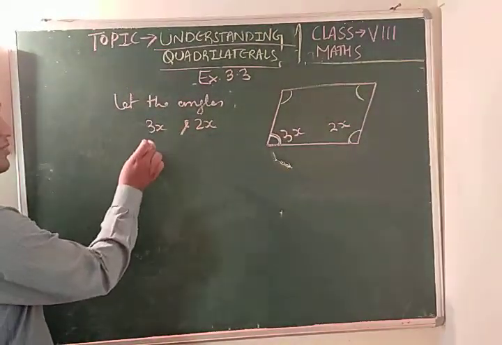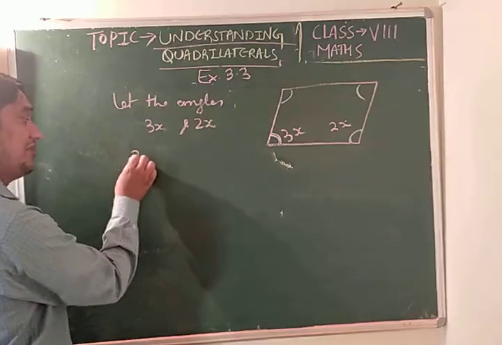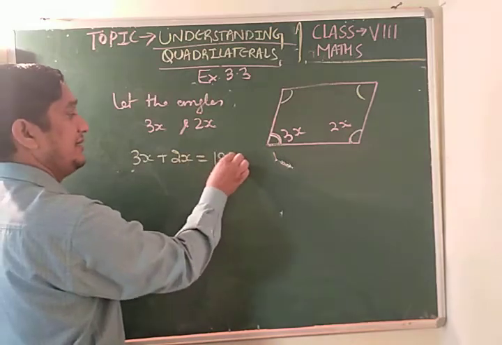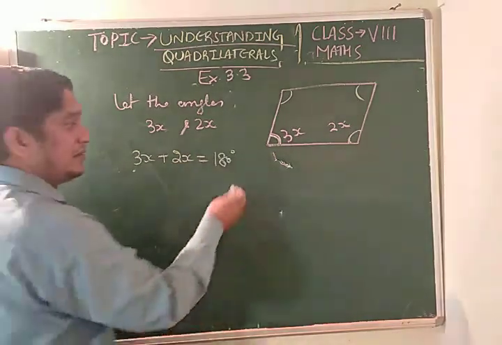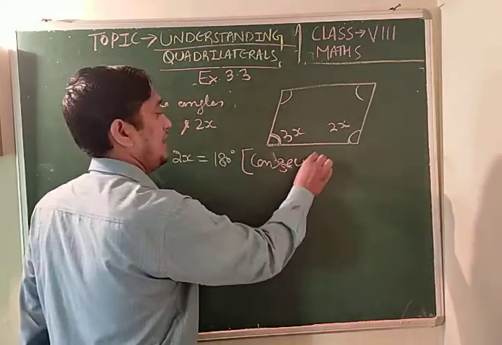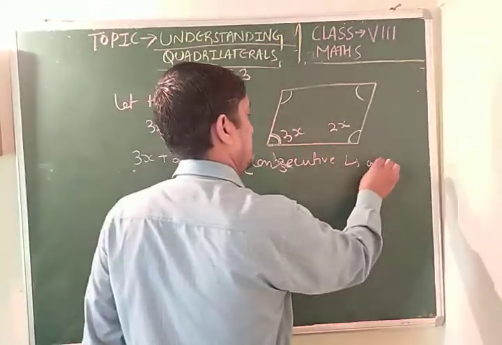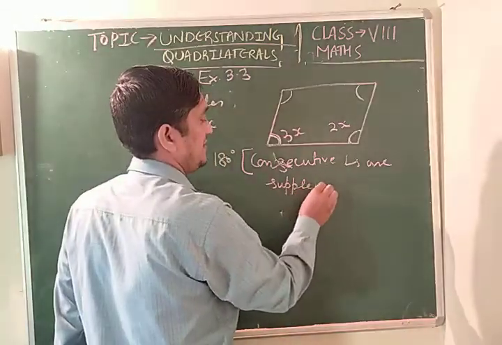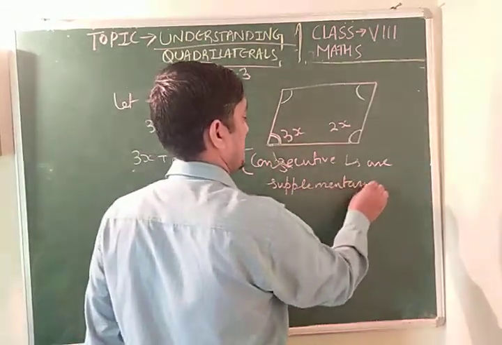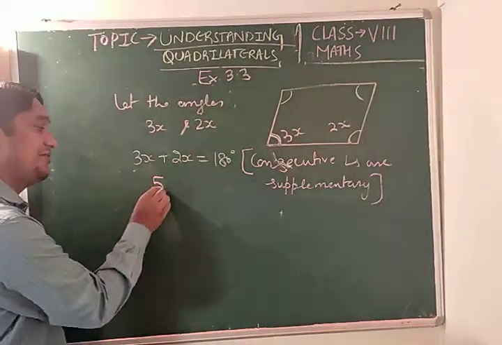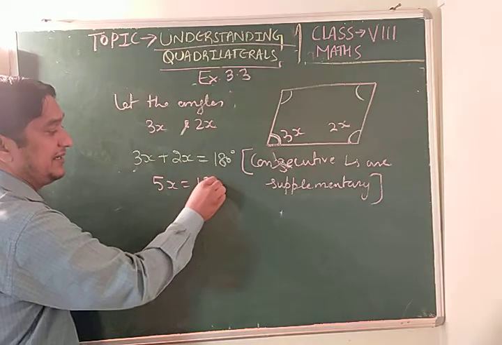Now children, we know that according to the property, the sum of the adjacent angles is 180 degree. Or you can say consecutive angles are supplementary in case of a parallelogram. Now it becomes 5x is equal to 180 degree.